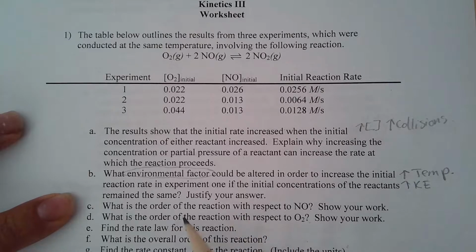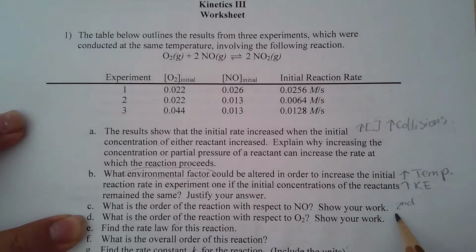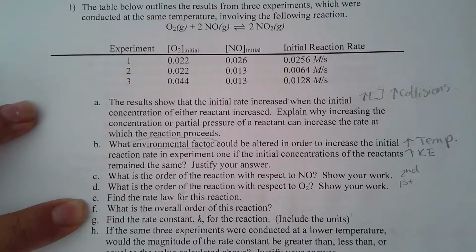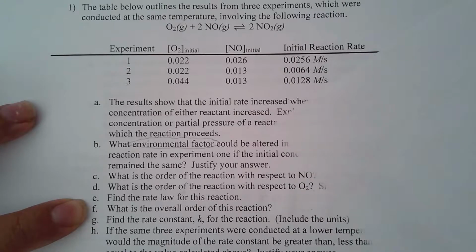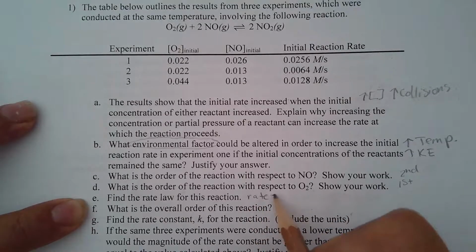C, we went over in class, the order of the reaction with respect to NO, remember, was second order. The order of the reaction with respect to O2 was, remember, first order, and again we went over that in class. The overall rate law for this reaction would just be rate is equal to k.